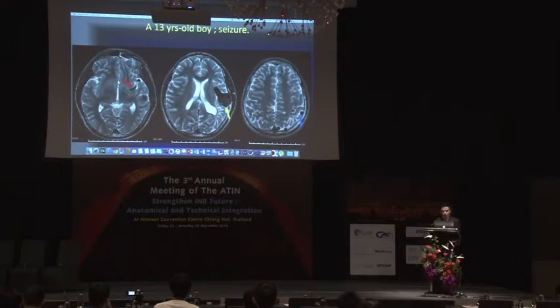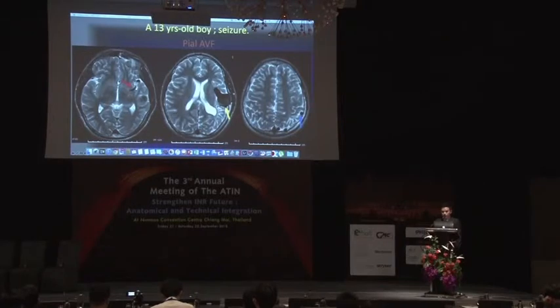This case is a 13-year-old boy presented with a seizure. You can see the enlarged venous pouch draining into the vein and fed by the enlarged middle cerebral artery. So this disease is a pure AVF. This disease is very difficult to treat.